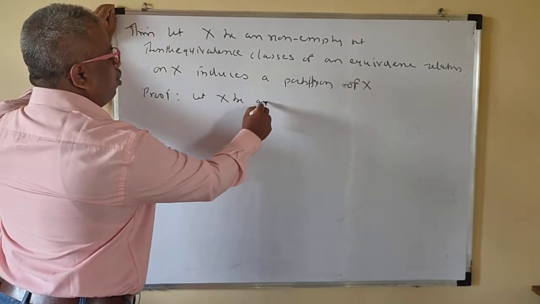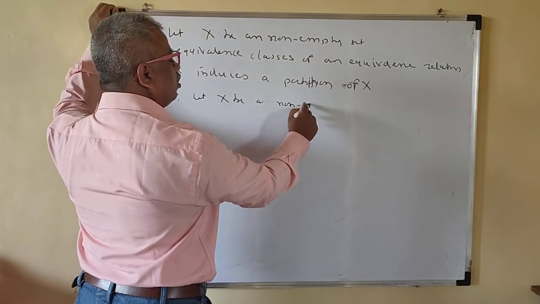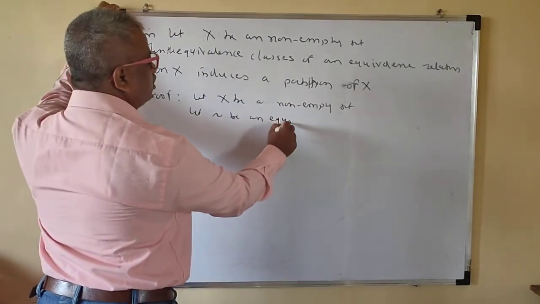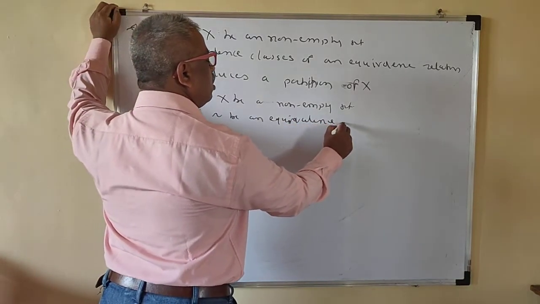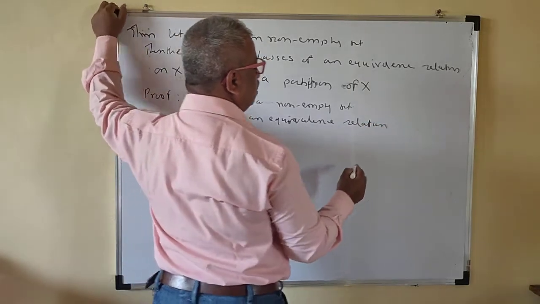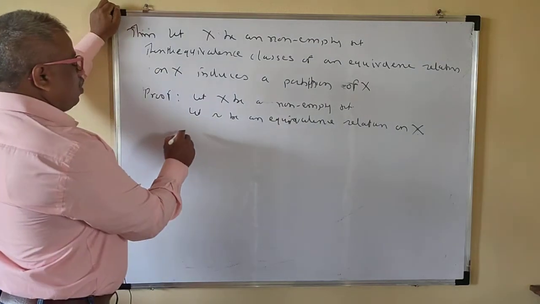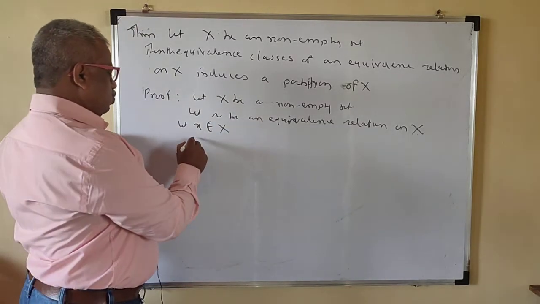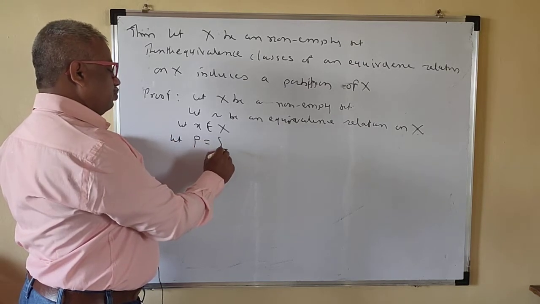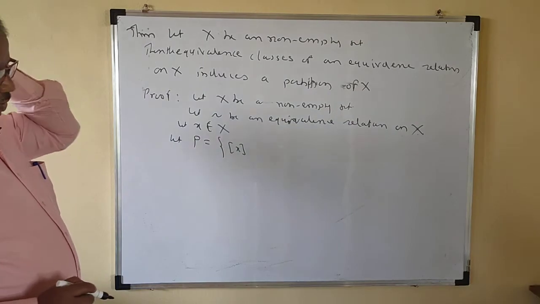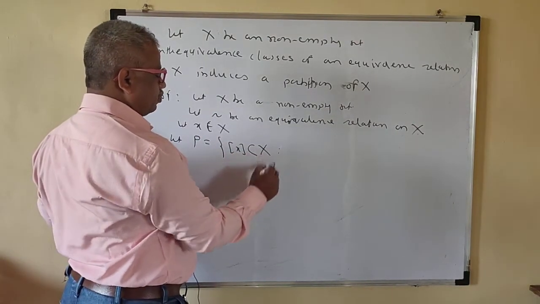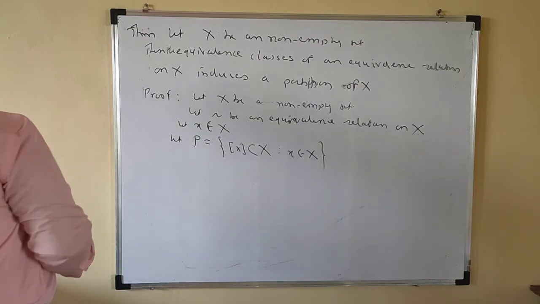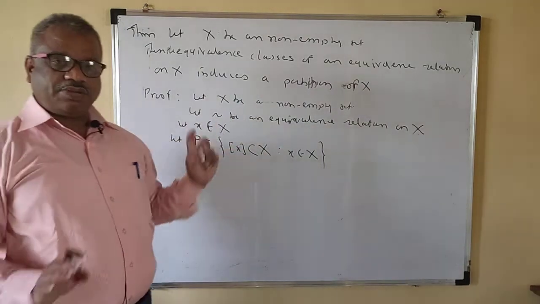Let X be a non-empty set. Let tilde be an equivalence relation on X. Let x belong to X. So let P be the equivalence class of x, which is a subset of X. So this is the equivalence relation you have, and the equivalence classes you have.